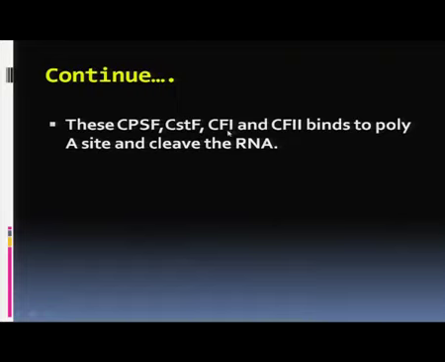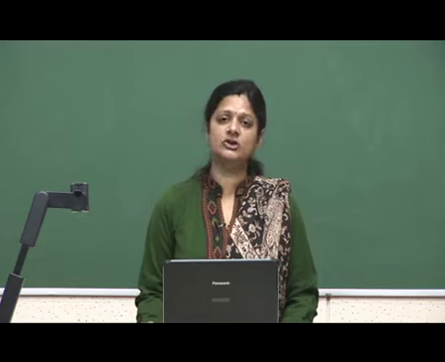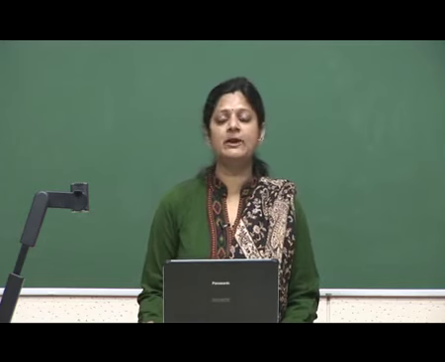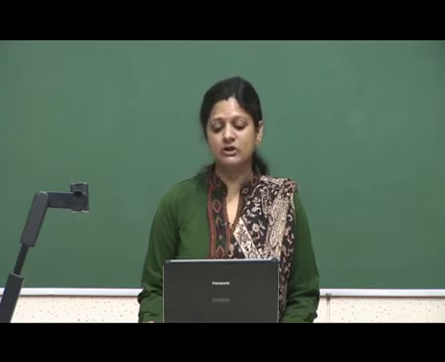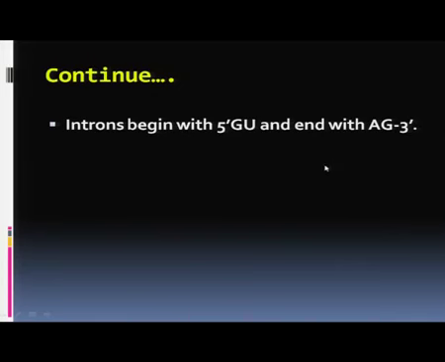Introns are recognized by the presence of certain sequences. If we talk about the beginning of introns, introns always begin with a 5 prime GU sequence. For any particular pre-messenger RNA, the introns always begin with the GU sequence at the 5 prime end, and introns always end with an AG sequence.